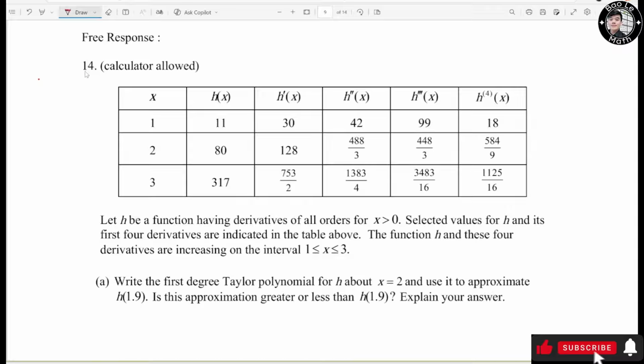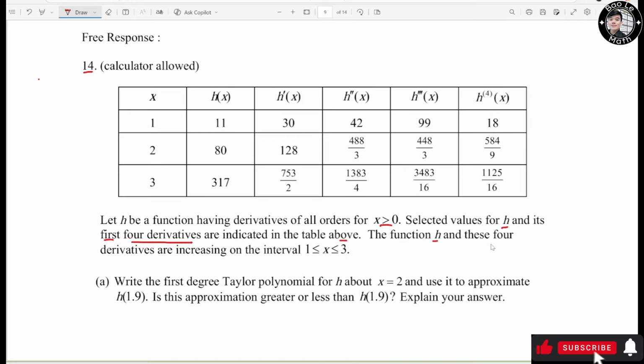Now let's move on to question 14. Let h be a function having derivatives of all orders for s greater than 0. Selected values for the function h and its first four derivatives are indicated in the table above.